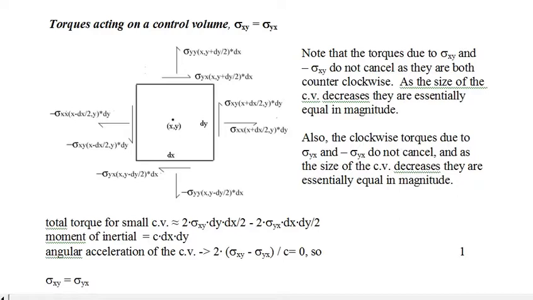The angular acceleration of the control volume equals the sum of the applied torques divided by the moment of inertia, which is proportional to dx times dy. So the angular acceleration equals 2 times sigma xy minus sigma yx divided by a constant, as shown in equation 1. And since the angular acceleration is 0, sigma xy must equal sigma yx.